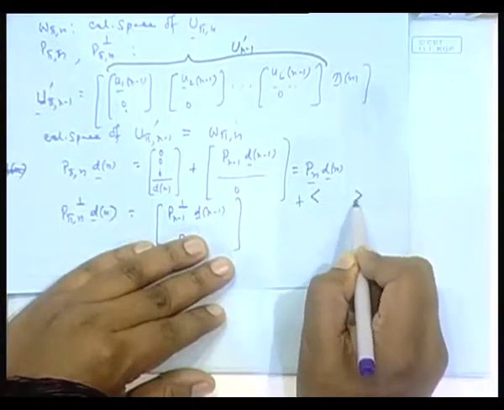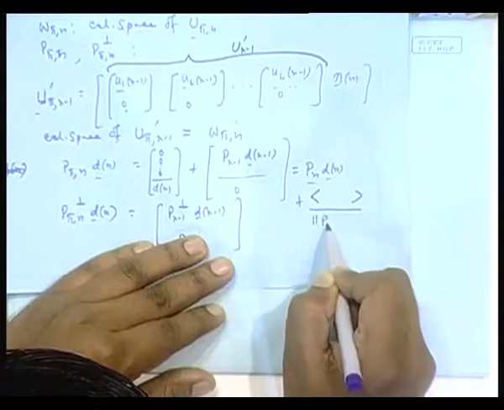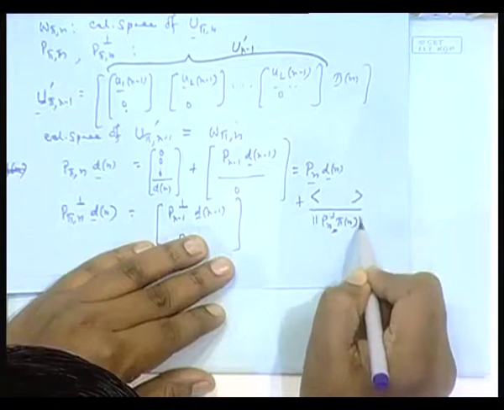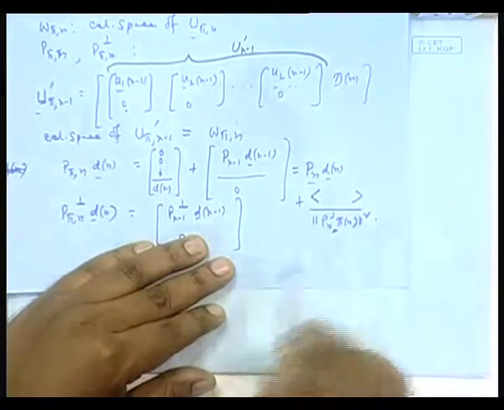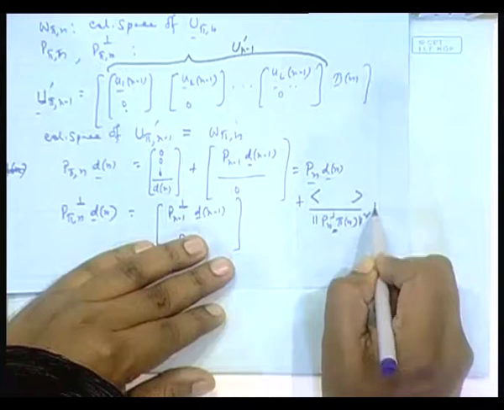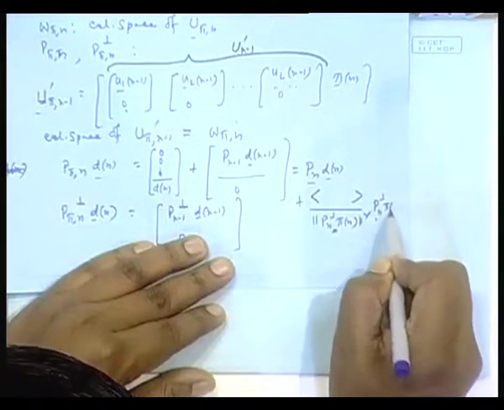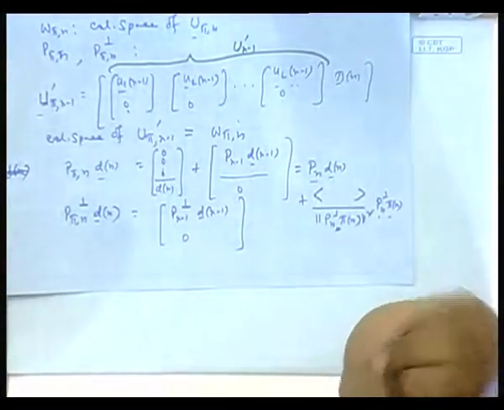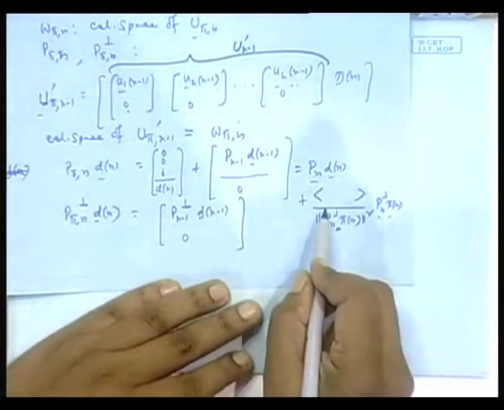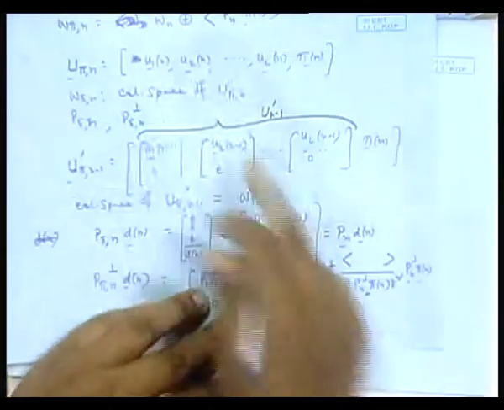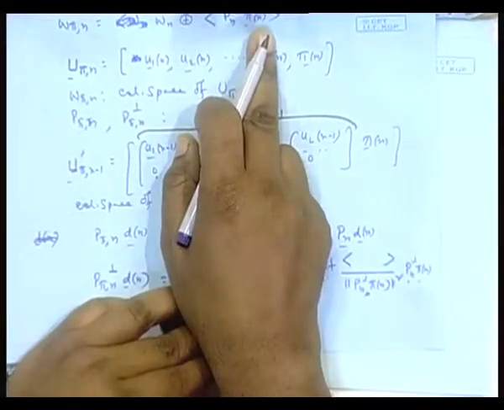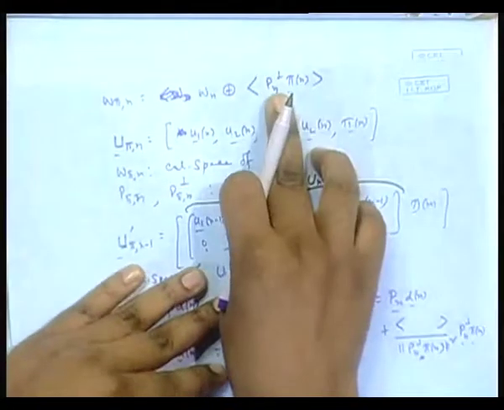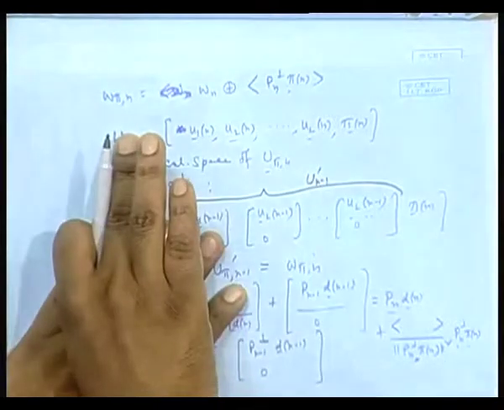Okay, I will write the inner product later. Inner product, simply dn with this, but I can swap this projection operator from pi n to dn.